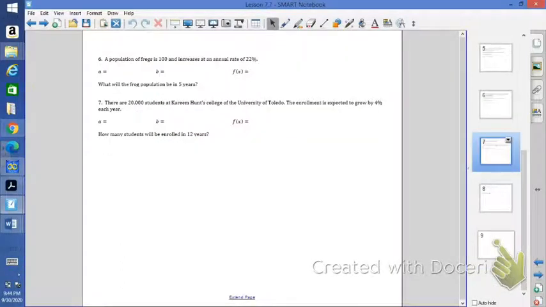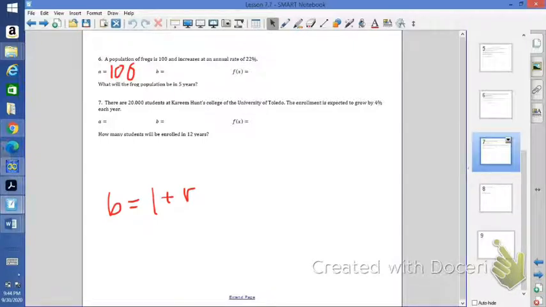Okay, I lied. We're going to do one more. We're going to do number 6 here. So it says a population of frogs is 100 and increases at an annual rate of 22%. So we want to write down what our a is. That's our initial value. So that's going to be 100. Our b, so we have growth here, so our b is going to equal 1 plus r.